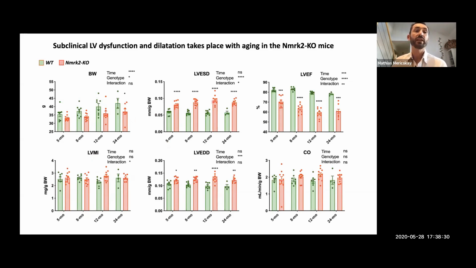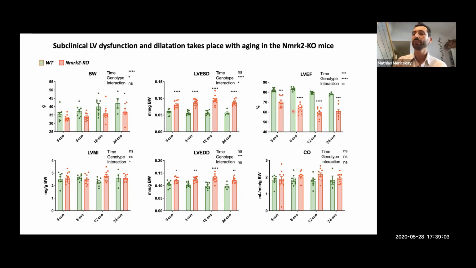But we detected a kind of subclinical left ventricular dysfunction and dilatation that takes place with aging in the mice, notably here at the level of the left ventricular end-systolic diameter, which is increased already at 5 months, and the difference tends to amplify with age between the mutant and the controls. To some extent, but less for the LVEDD parameter. And finally, altogether, what it shows is that there is a progressive decline of left ventricular ejection fraction in these mice with age.